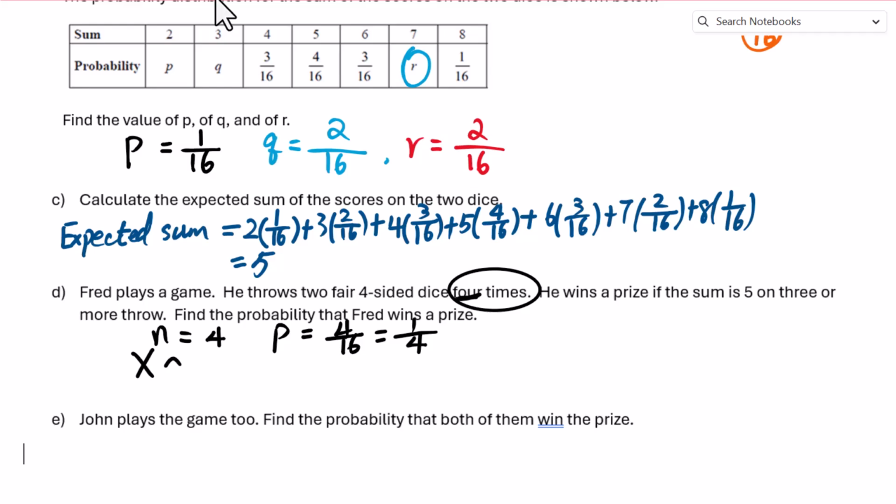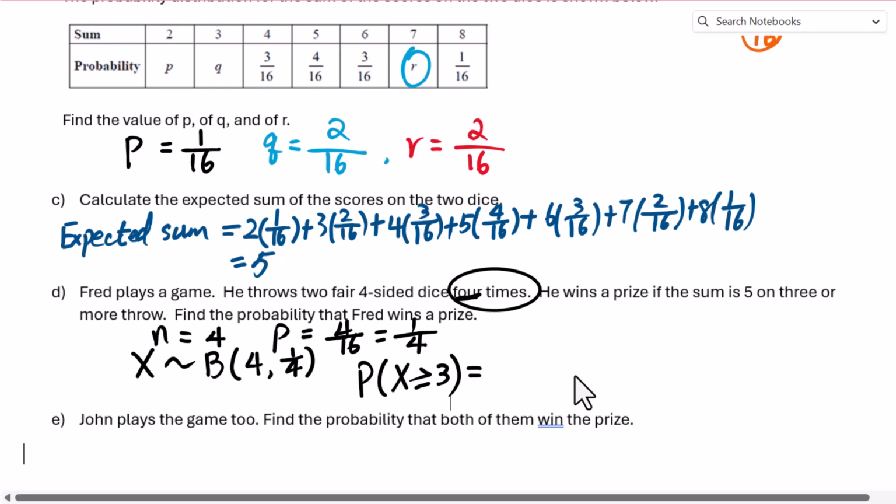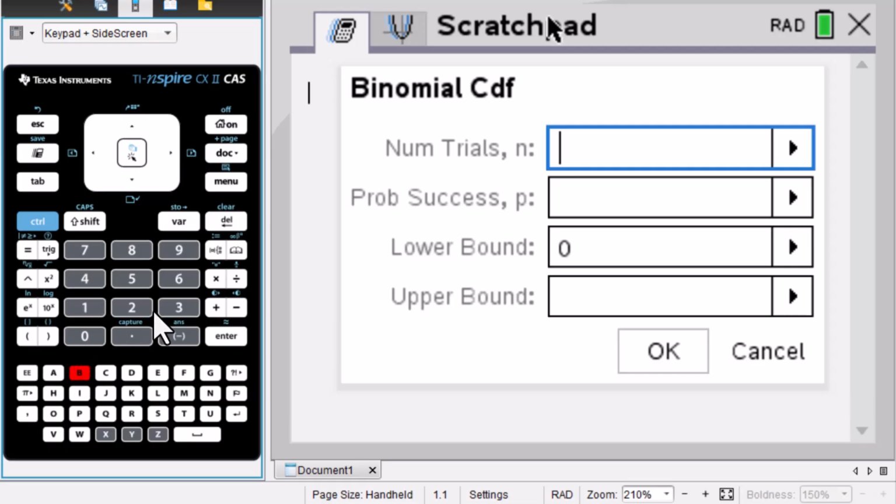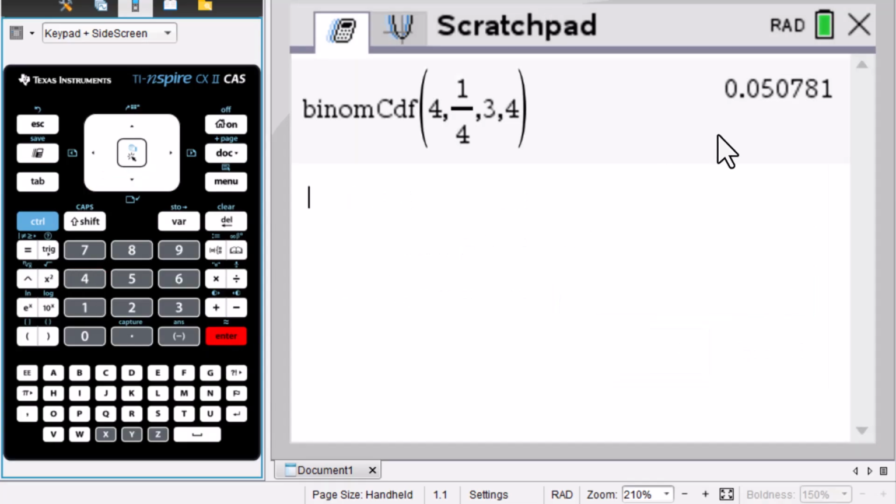Let X follow a binomial distribution with 4 and 1 over 4. We are looking for the probability of X greater than or equal to 3. Let's go to binom CDF. Number of trials is 4. Probability of success is 1 divided by 4. Lower bound is 3. Upper bound is 4. Enter, enter.